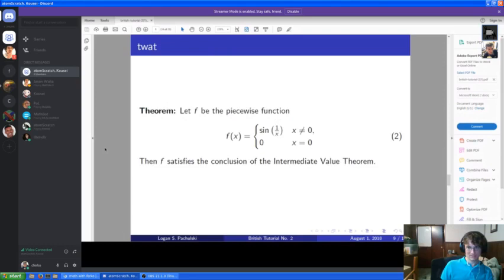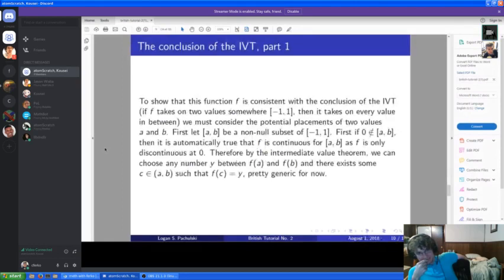Yes, once again, we are operating on the same function. We have to prove in these following slides that our function f satisfies the conclusion of the Intermediate Value Theorem. To show that this function f is consistent with the conclusion of the theorem, which I shall list here: if f takes on two values somewhere in (-1, 1), then it takes on every value in between.